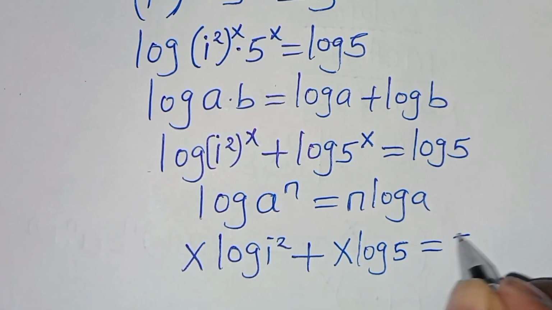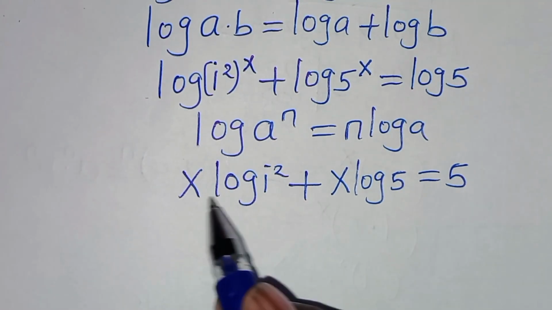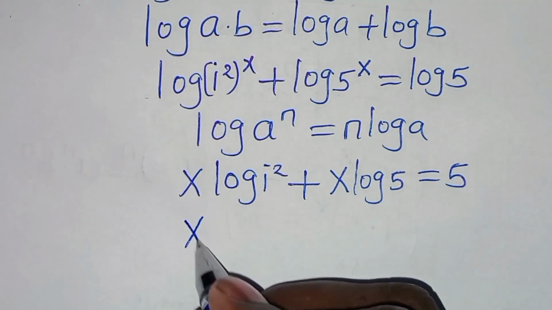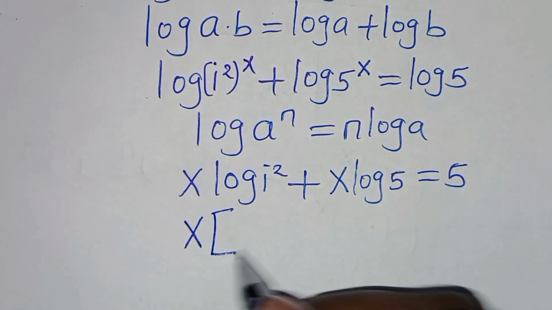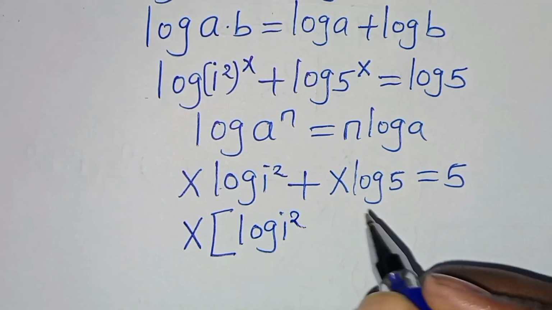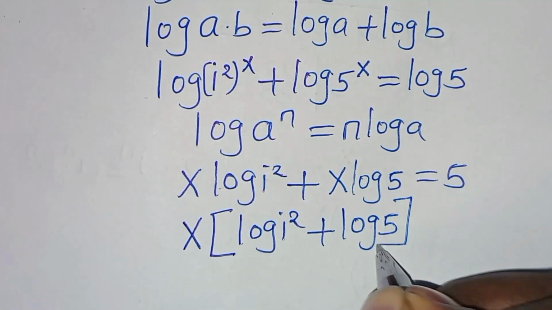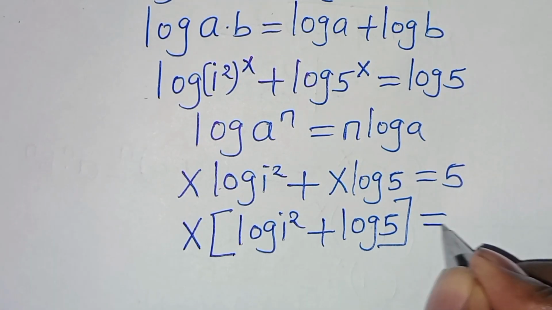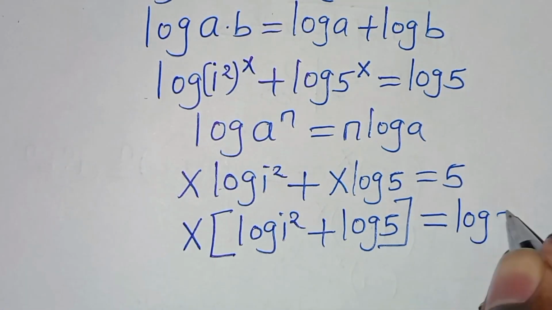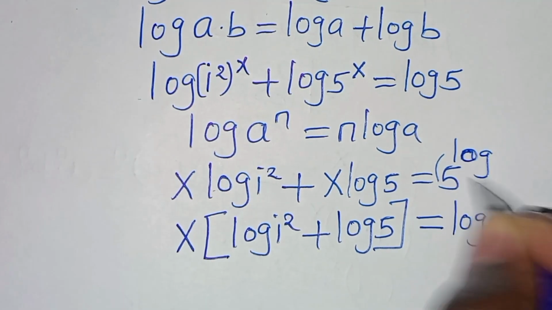This is equal to log 5. But now since x is common here, we can factor out x so that we'll have x into the parentheses. This is log i squared plus log 5, close the parentheses. This is equal to log 5.